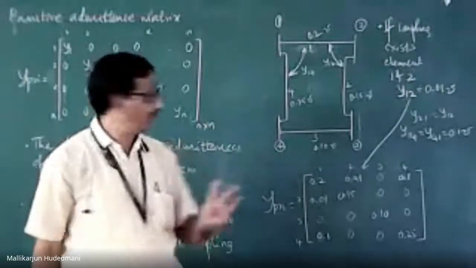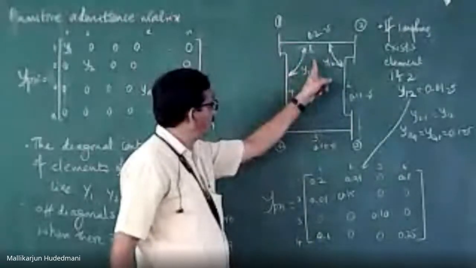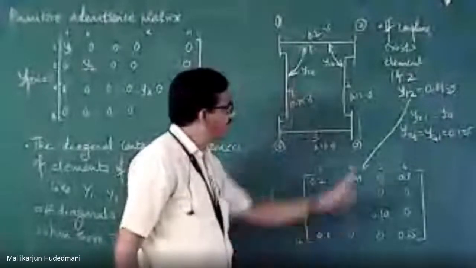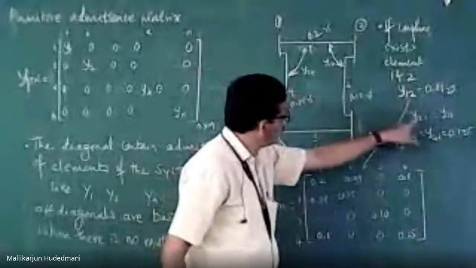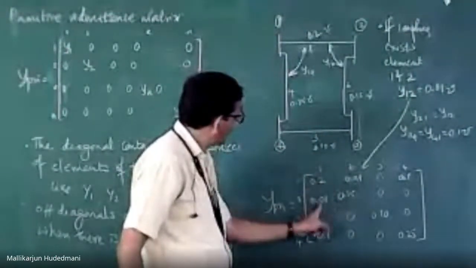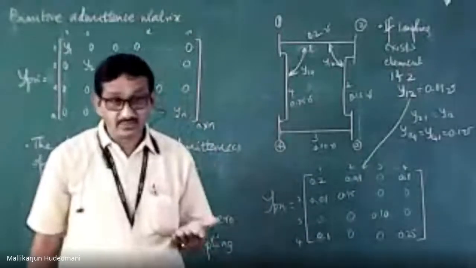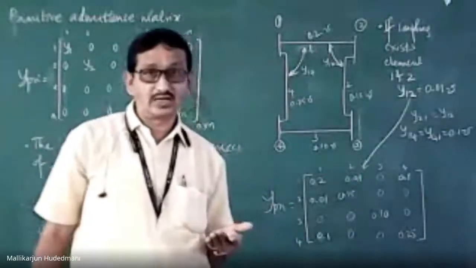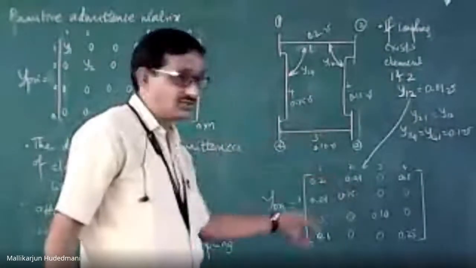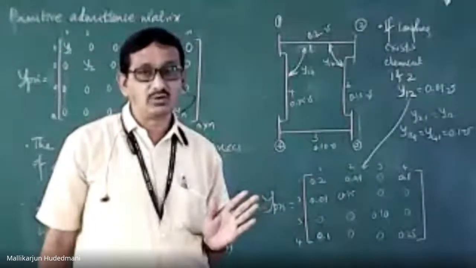It means if element 1 has a coupling with 4, then y14 and y41 will have non-zeros in the representation, like y12, y21, which represented 1, 2, 2, 1, two non-zeros. Like this, those many transmission elements in the system possess their mutual admittances. That many elements will be non-zero in the representation. This is the characteristic of a particular y primitive of the representation.